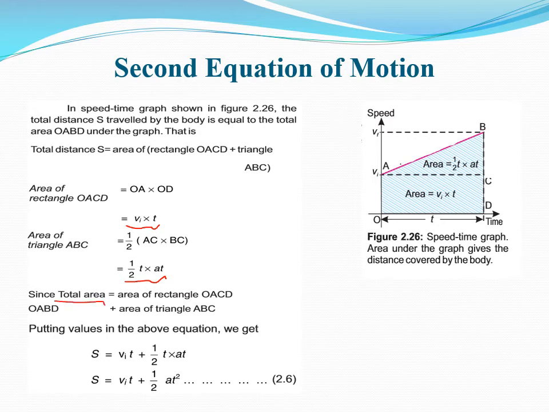So total area equals area of rectangle OACD plus area of triangle ABC. The area of rectangle OACD we have found as ViT, so we put it here, and the area of triangle ABC we have found as 1/2 times T times 80, and we put it here.